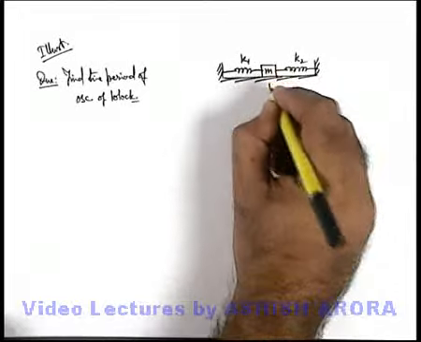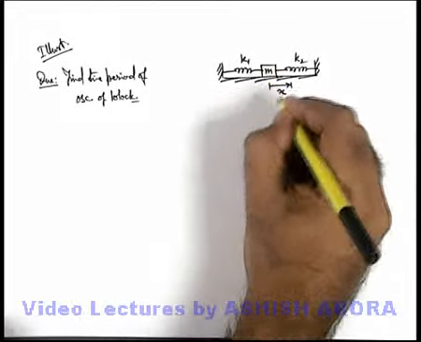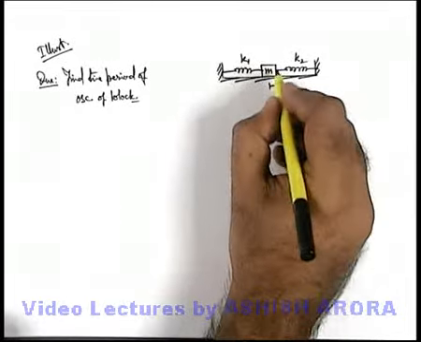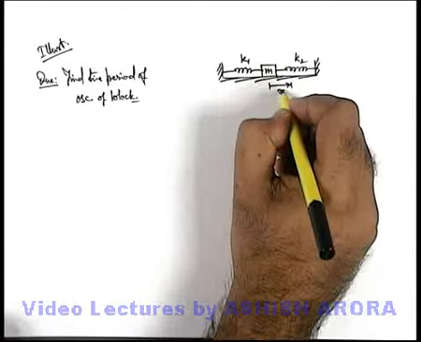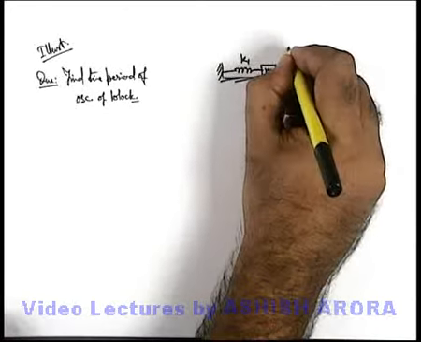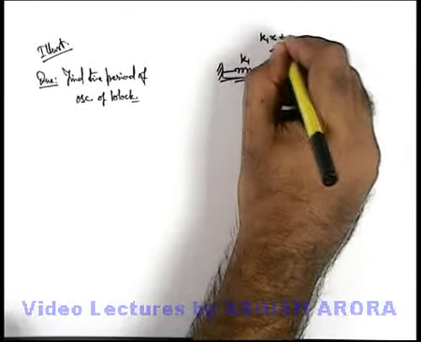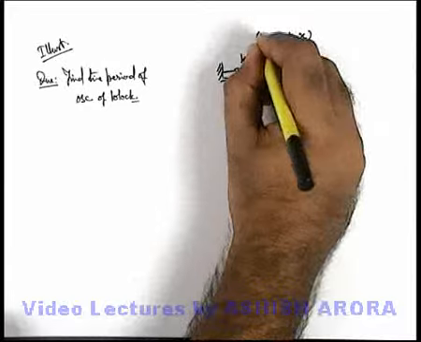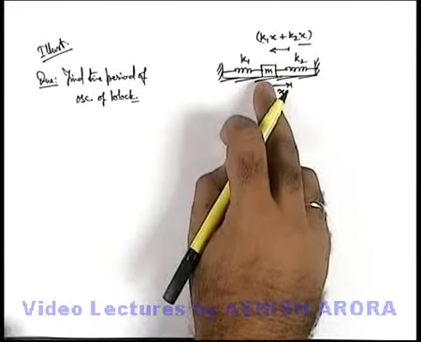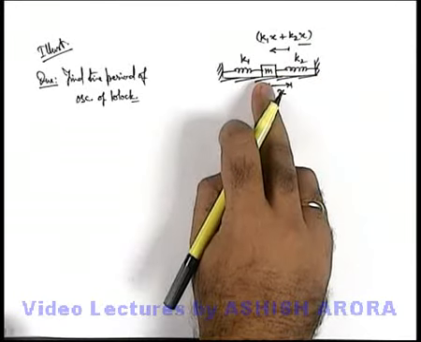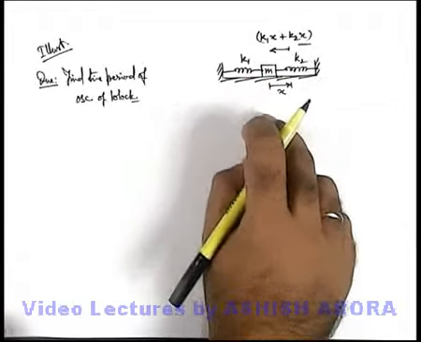In this situation, if the block is displaced toward the right by x, both the springs will have the same extension x and they will exert force on the block in the same direction. It will experience a force K1x plus K2x. So this is similar to the case when the springs are connected in parallel.